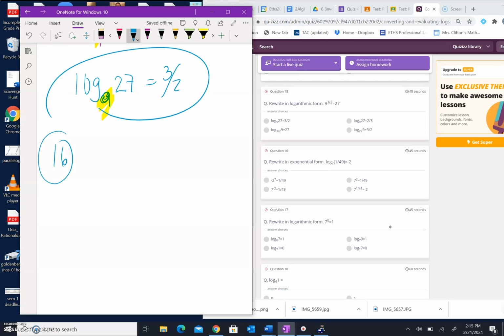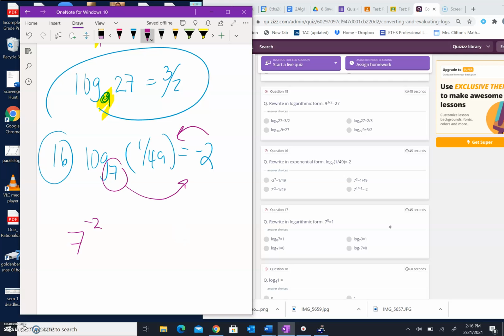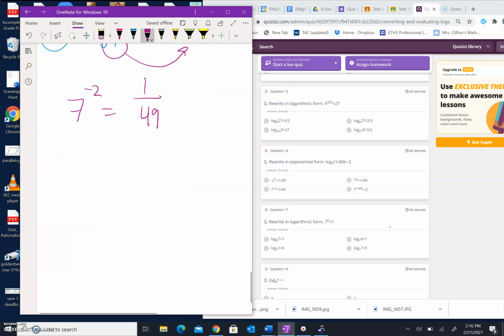Number 16, we've got log base 7 of 1 over 49 is -2. And they want us to rewrite this in exponential form. So using my circle method, they're saying 7 to the -2 is 1 over 49. This is another good quick pause to review some negative exponent ideas.